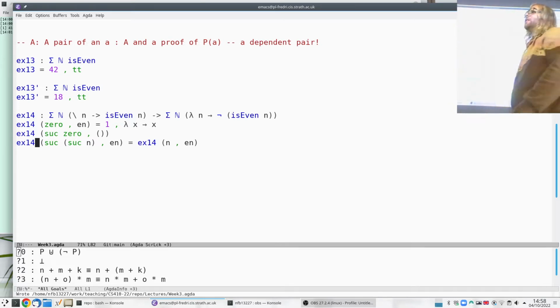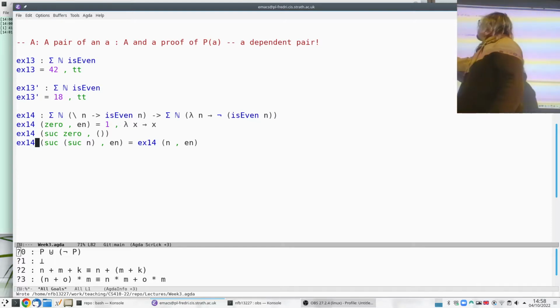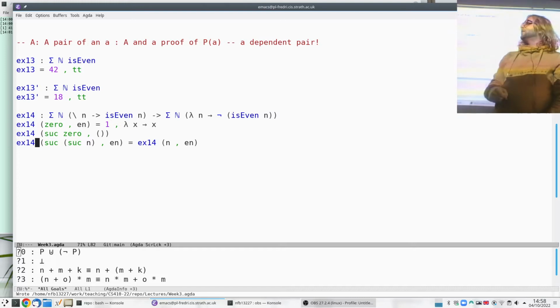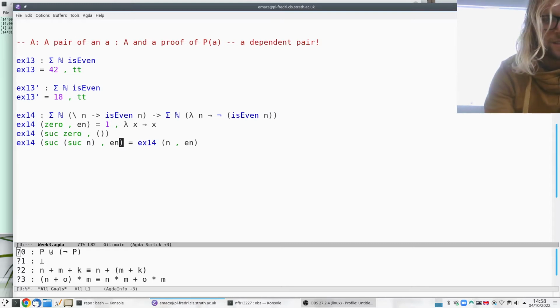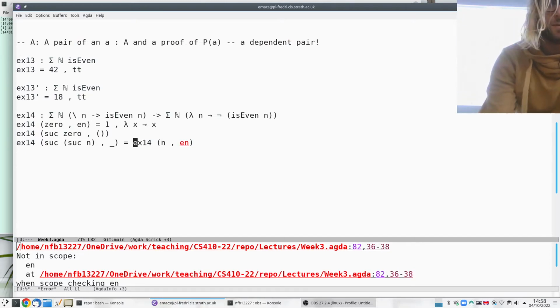Which one? The proof of n being even. This one we're not using. This one we are using. We're already using that to get it back into the function itself. So yes, it's still needed. And it's important what it is, right?